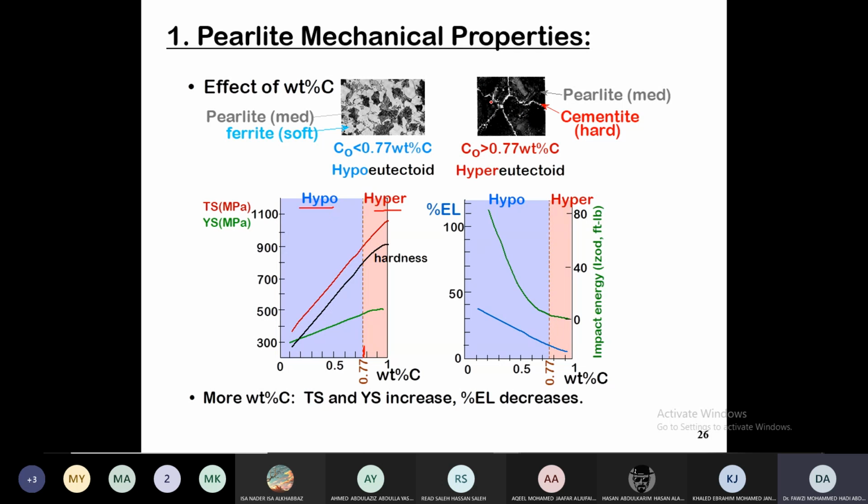So mostly you have the cementite phase in the material, which is very hard, and people are not interested in this very hard microstructure in general. Again, we have an increase in the hardness, yield strength, and tensile strength with increasing carbon content, while reducing the ductility and the toughness of the material.